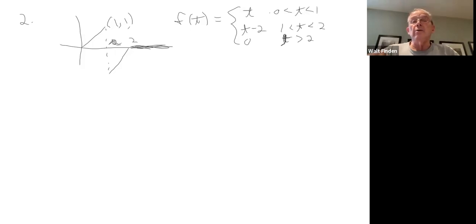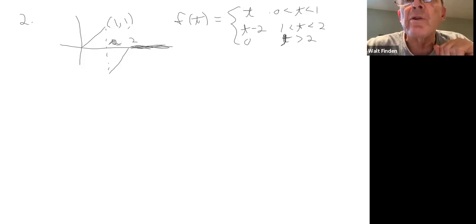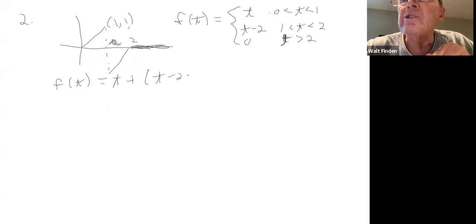And so now we write this down using the unit step function. So we'll do that here. f of t is equal to t plus t minus 2 minus t. In other words, I turn on this part that I'm underlining over here and turn off the t.